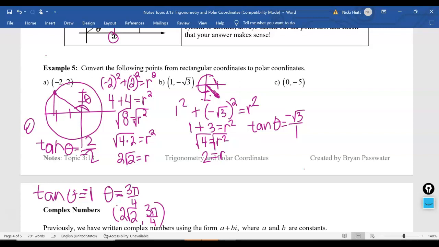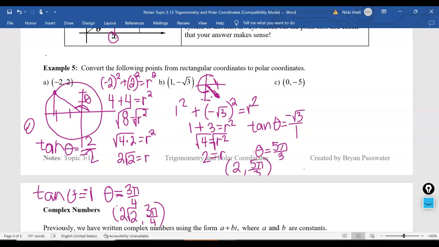You're looking for where your y is bigger than your x, which is going to happen at 5 pi over 3 if you check that point. So our angle right there is going to be 5 pi over 3. So those coordinates are going to be 2, 5 pi over 3 for that one.